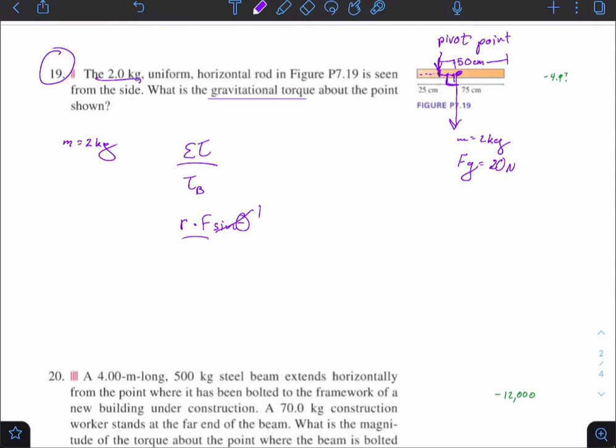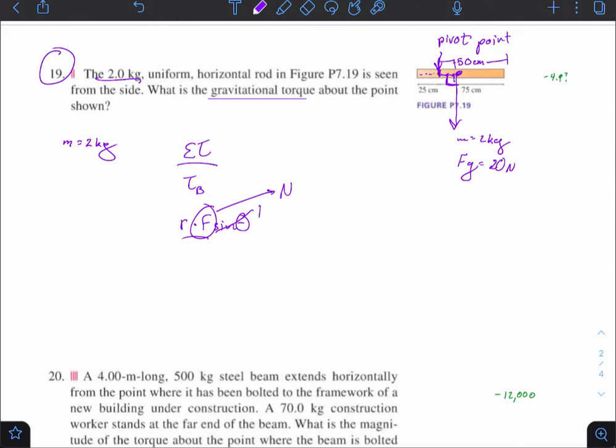I am going to convert centimeters to meters just because we're multiplying by another unit that has meters within it, because force is a newton, which is a kilogram meter per second squared. And you don't want to mix centimeters with meters. If you're ever unsure, just stick with the standard SI units and you'll never make a mistake.